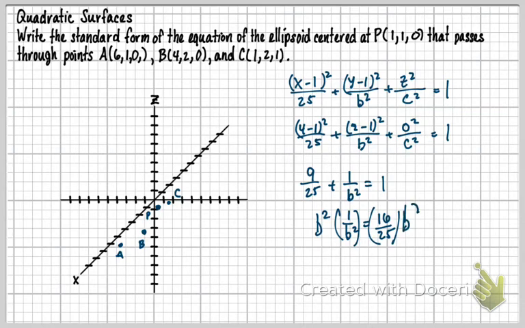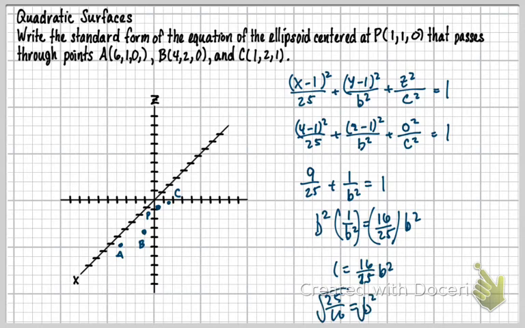Okay. So then I multiply both sides by B squared. I get 1 equals 16 over 25 B squared. Divide by 16 over 25, I'll get 25 over 16 equals B squared.